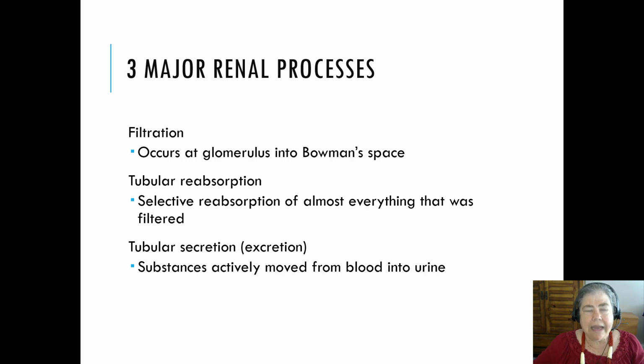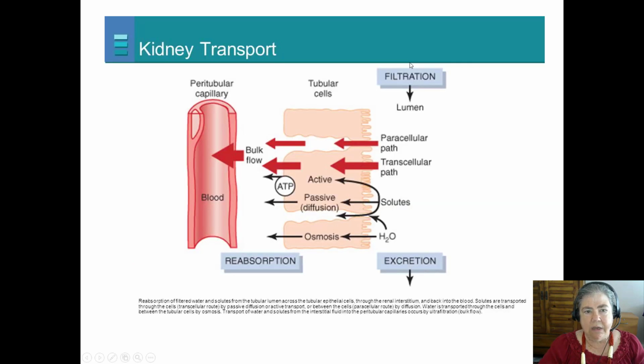We are constantly moving fluid out of the vasculature into the urinary space, and we have to get a lot of it back along with certain other things. And then it is possible at different points along the tubule for substances to be moved out of the blood into the urine, and that can include electrolytes, it can include hydrogen ions, and we'll talk about those as we go through.